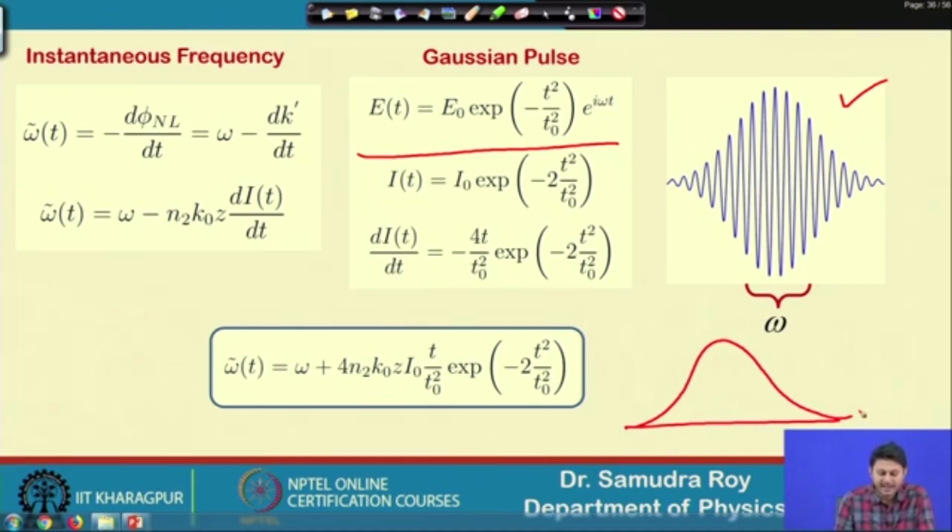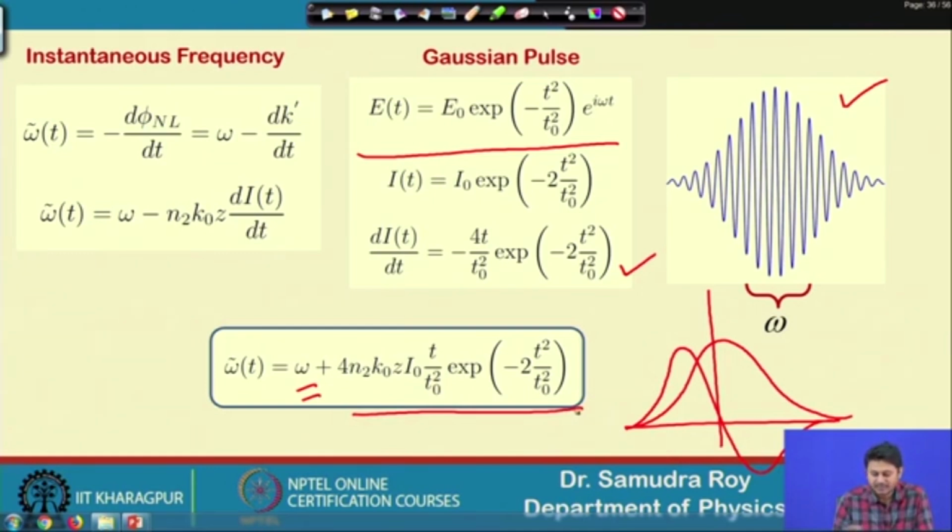Now if I take a time derivative of this intensity, we will have a term like this, which is the derivative of a Gaussian function. If I plot the derivative of a Gaussian function, it will be something like this. So, the instantaneous frequency is now omega 0 plus this quantity.